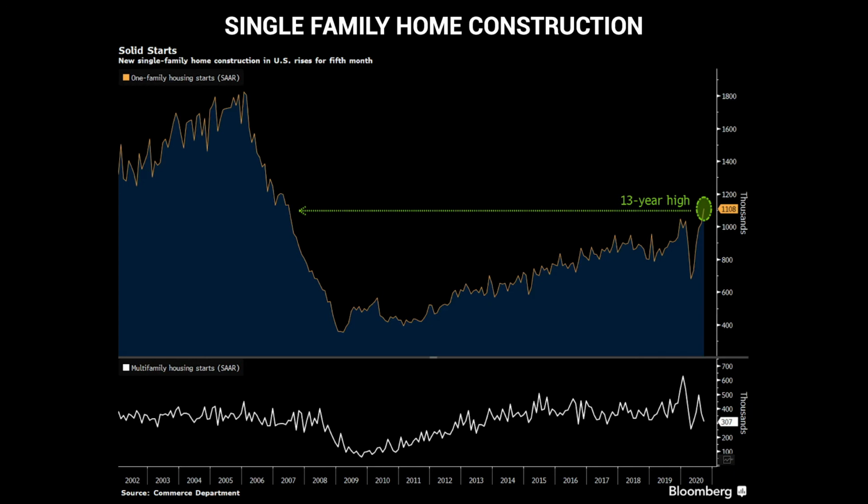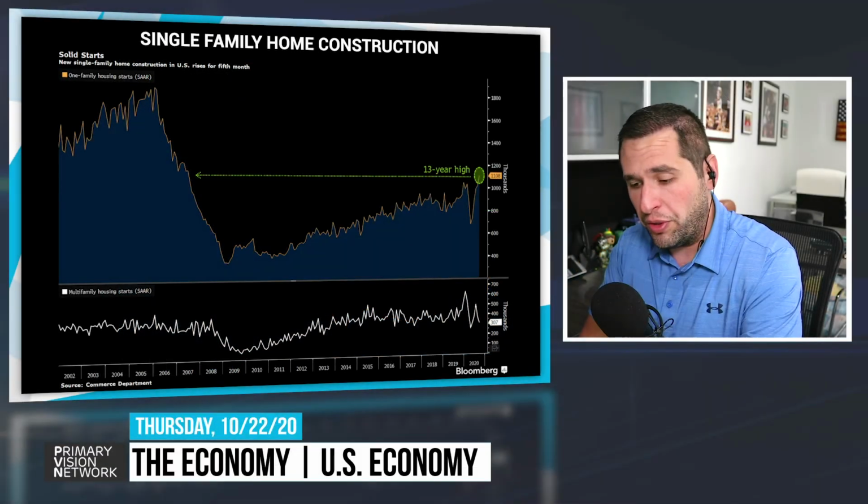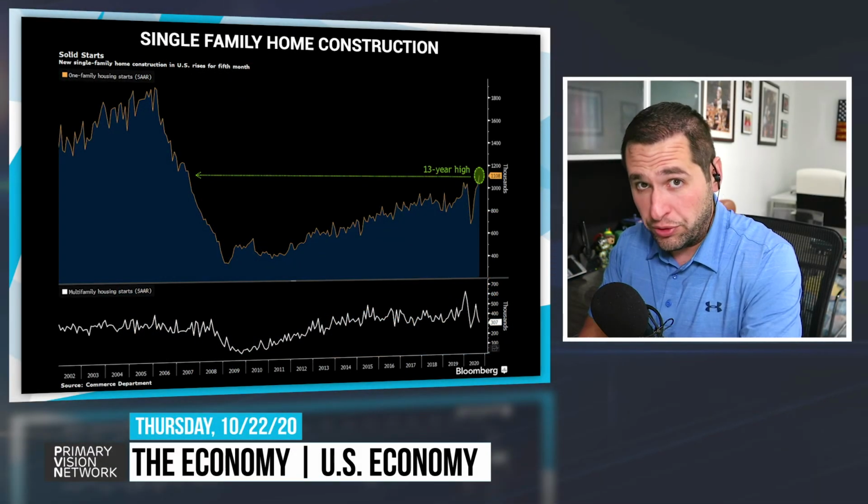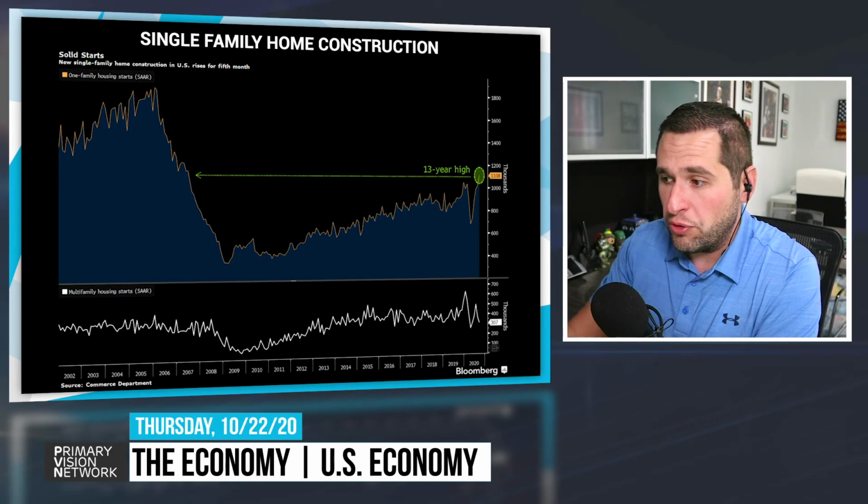So not only are we getting new single family housing starts, coming full circle, if we go back to the first chart, when we look at housing units started by structure, now we have U.S. single family homes moving to an all-time high, 13-year high. You have multifamily housing starts remaining robust.